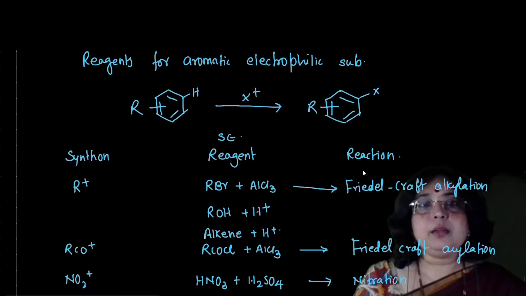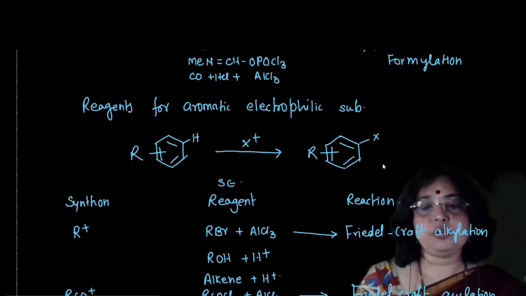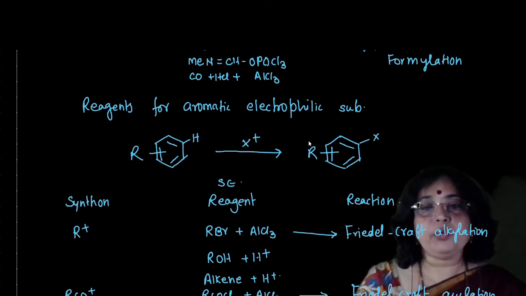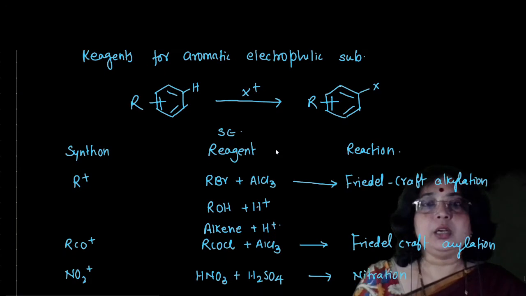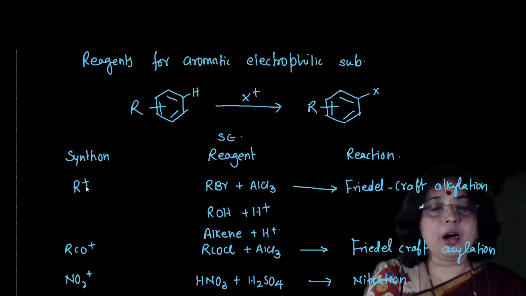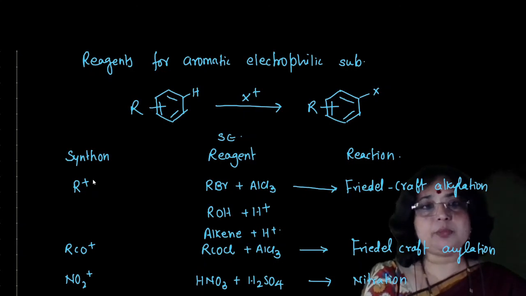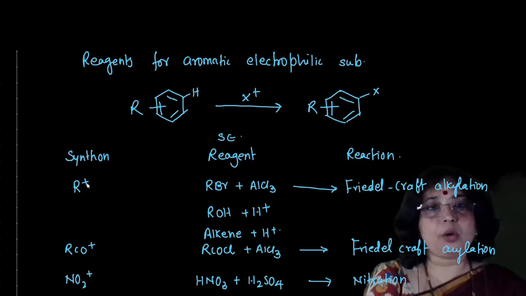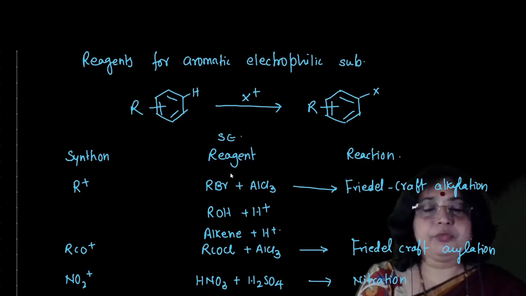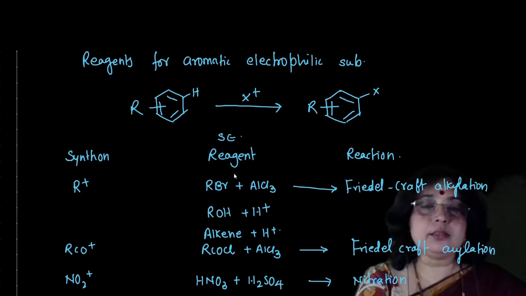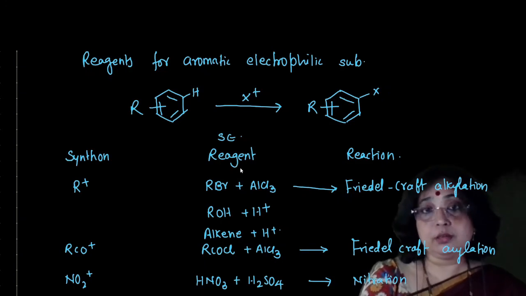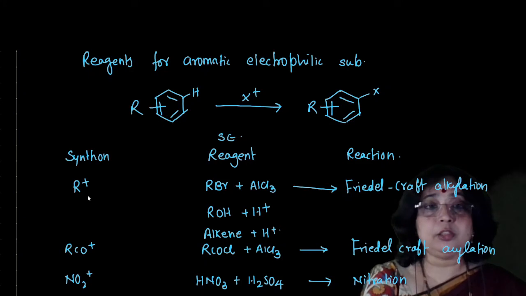Now here again the second substrate, where this is also an aromatic electrophilic substitution reaction. Here we can see one synthon. If R plus is obtained, this is an electrophile. So how can you neutralize the synthons, or which reagent creates this particular synthon?